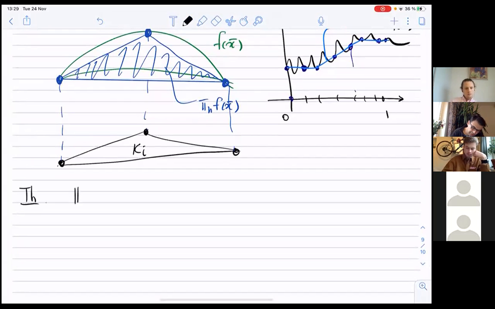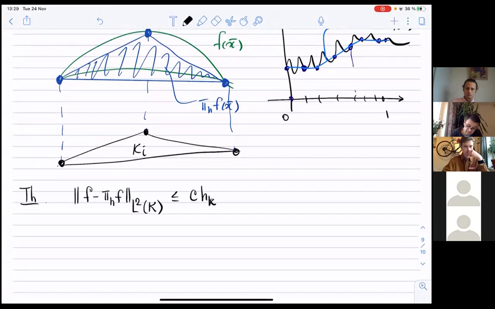We have the following estimate: f minus pi h f in the L2 norm on this triangle K is less than or equal to C h K, where h K is the diameter as we defined before, squared, times D2 f, the mixed derivative of f. I'm going to write it in a minute. So this is L2 on K.